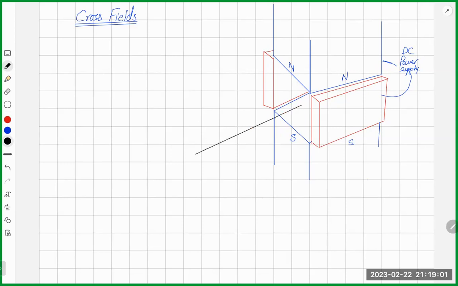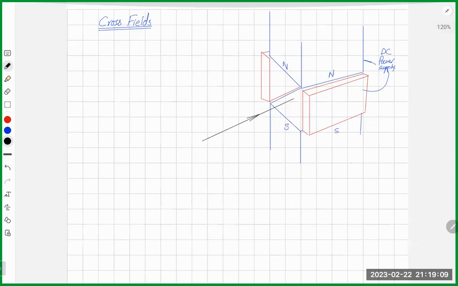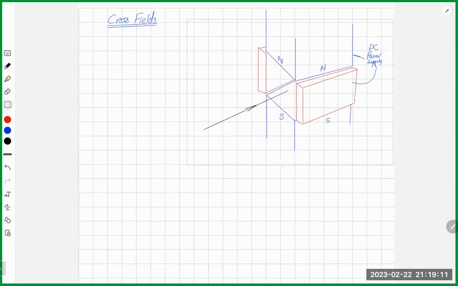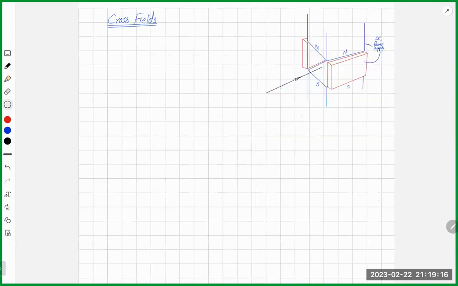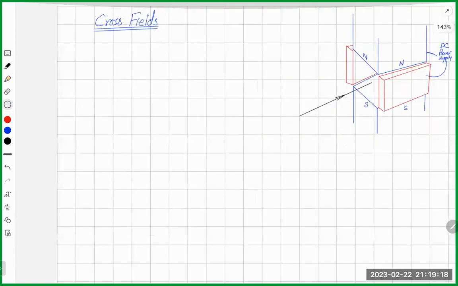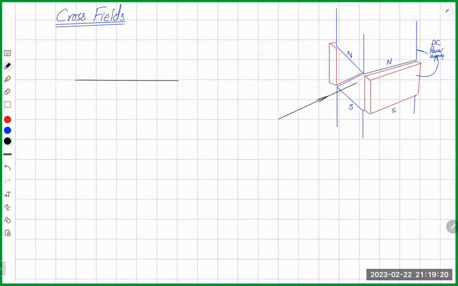This is where the particle is going in. This is just a 3D explanation of what is going on over here, but I have to make a two-dimensional diagram to explain. So this rectangle is showing the magnetic field.